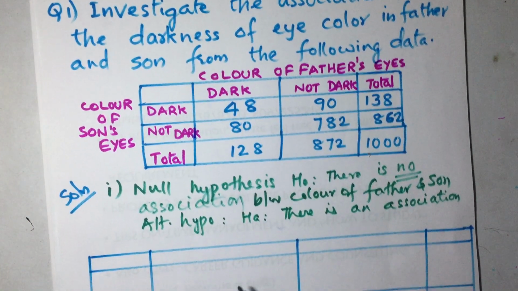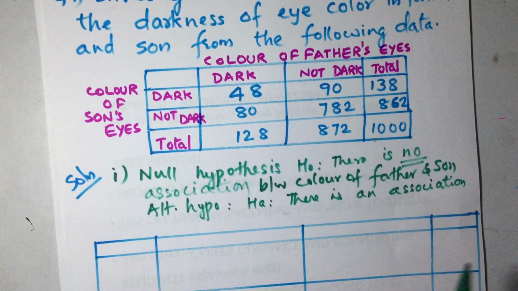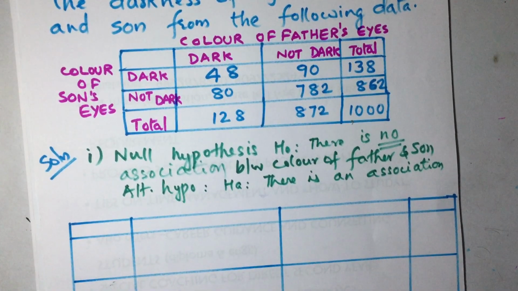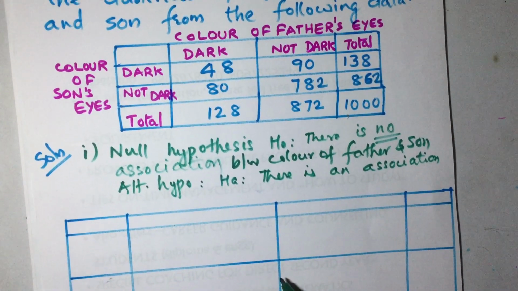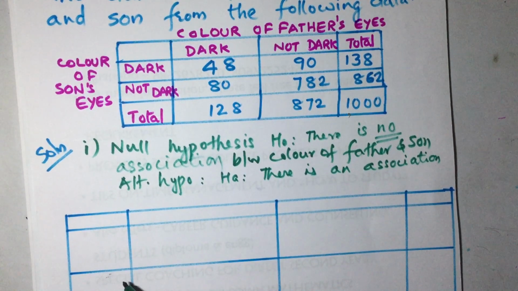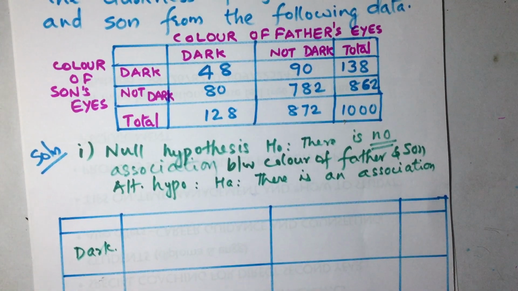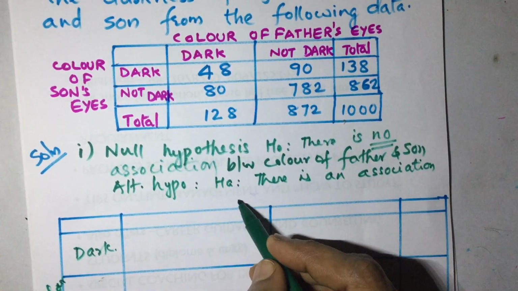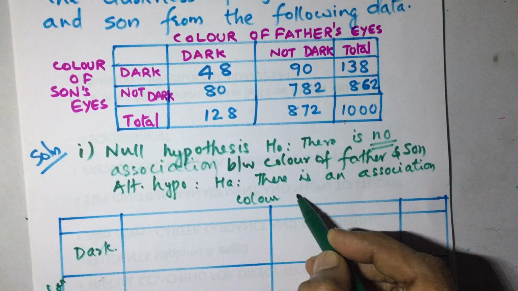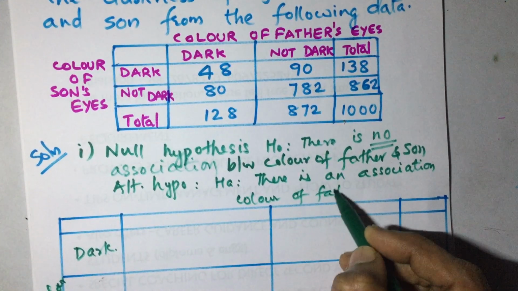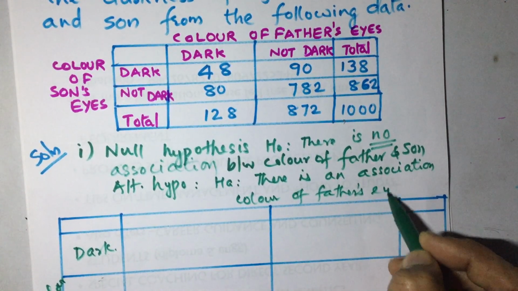Now I will calculate the expected frequency. So during exam you need to draw this table also. So here we will write, this is dark, this side is color of son's eyes, here color of father's eyes, the table as it is given.